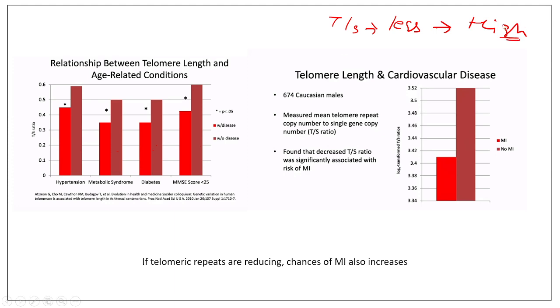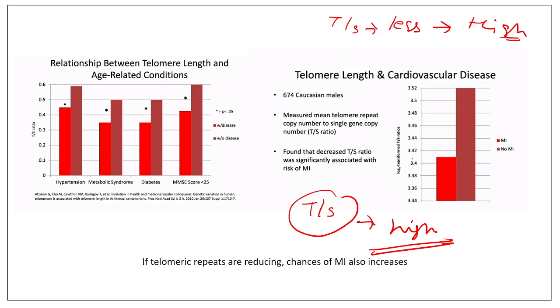That means this T by S ratio should be high only. Then only you are healthy. You can see in each and every situation, without disease, your T by S ratio is so high. You have a great number of telomeres. The length of the telomere is very large, very huge.